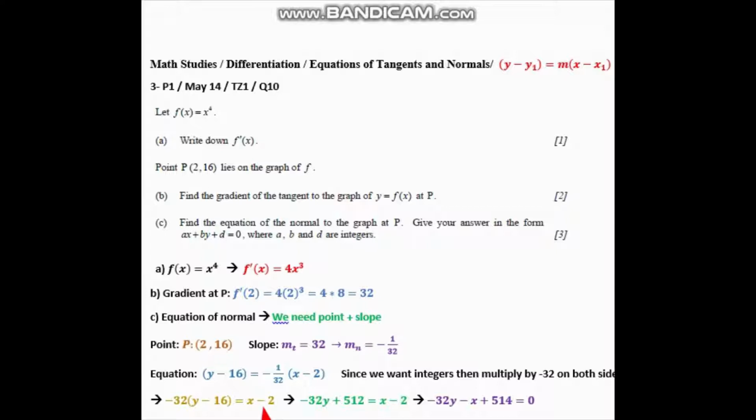Next, I expand this part of the equation, getting negative 32y plus 512 equals x minus 2. Finally, I take all my numbers and variables to one side, getting this form of the final equation. So the final answer is right there in purple. Take a minute to copy this down if you will, and I shall begin the fourth and final question shortly.